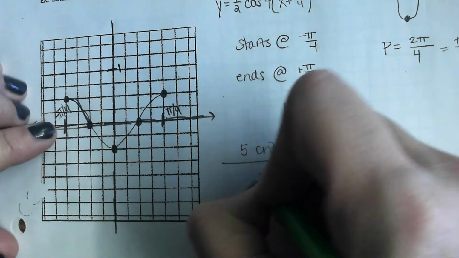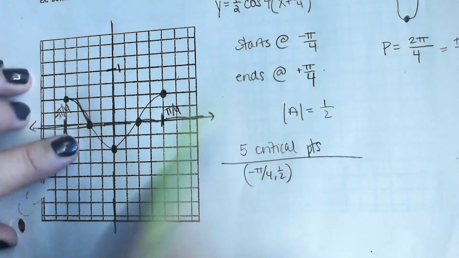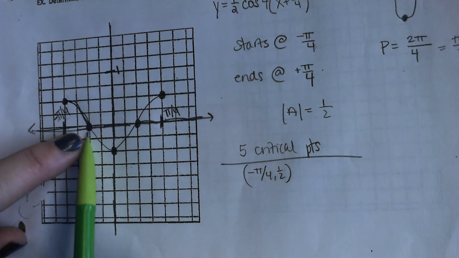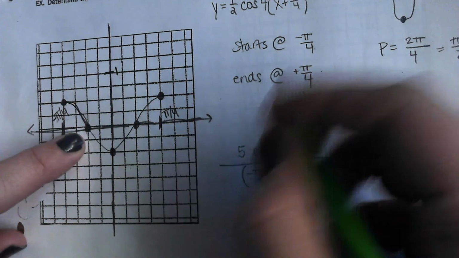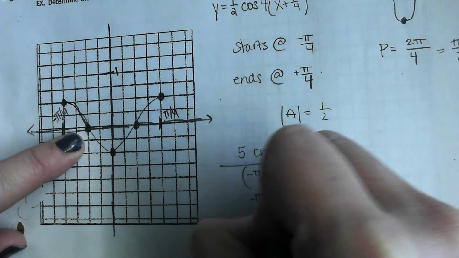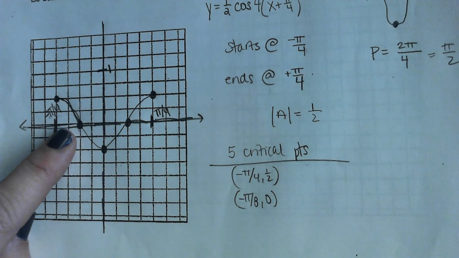So my 5 critical points, -pi/4, 1/2. What about this one? -pi/8, good. Now, share with everyone how you did that, because I'm positive not everyone could get it that quickly.